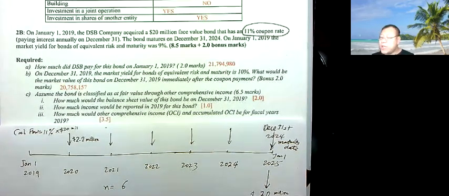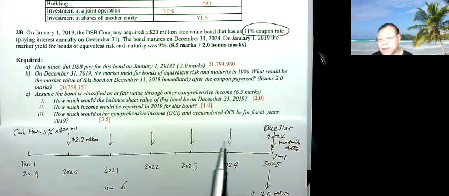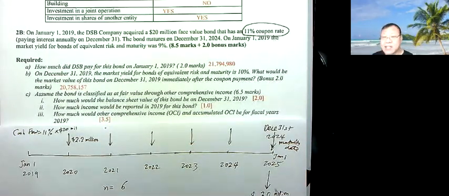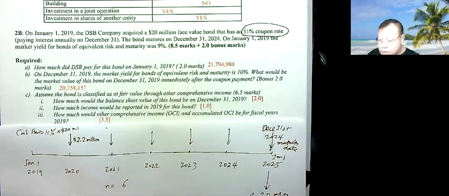So you have an annuity for 6 years, and you also have a large lump sum payment at the very end of the contract. So now the bond price equals the present value.